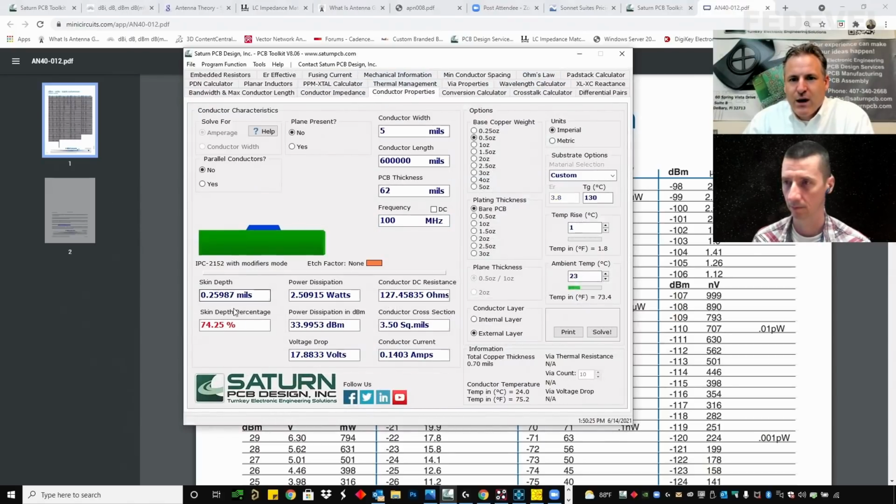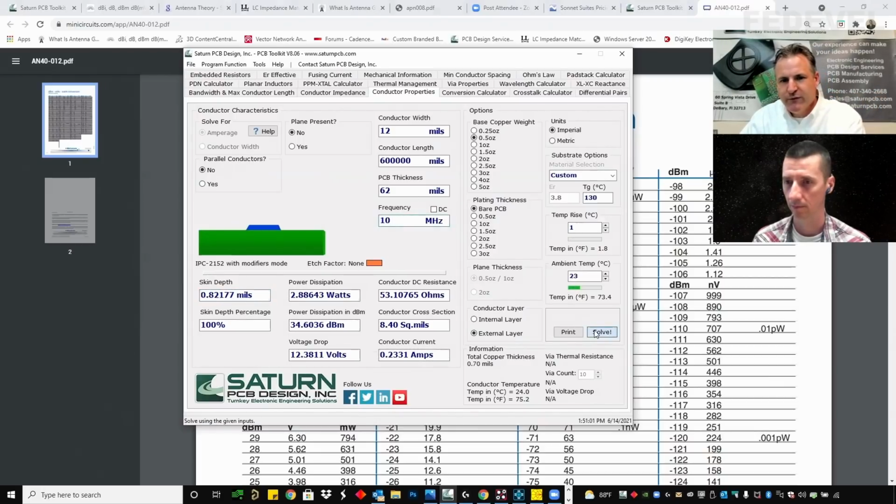Same with the conductor properties. You can see my skin depth changes. I don't remember what it was. I'm sorry, 1 megahertz. See, and the skin depth percentage is a ratio of 1/2 the thickness of the trace itself. Again, it's out there for people to Google search, but the percentage is my depth is greater than the thickness of the trace, so we're okay.